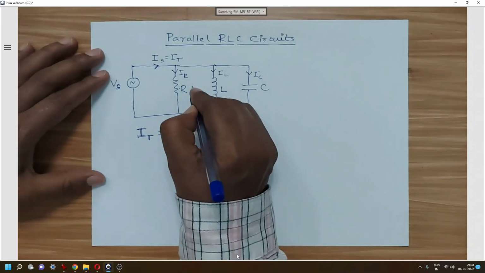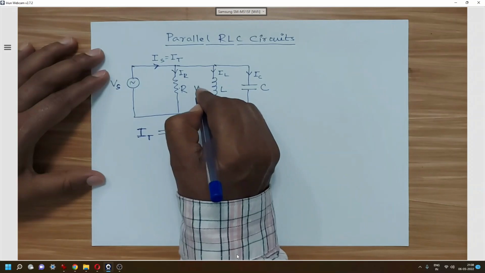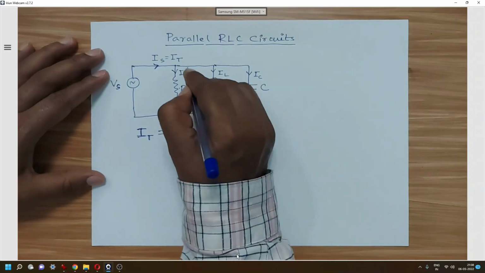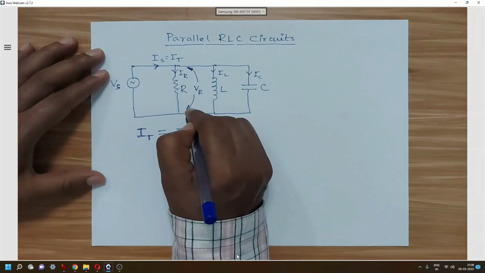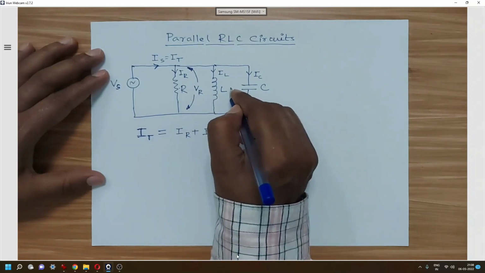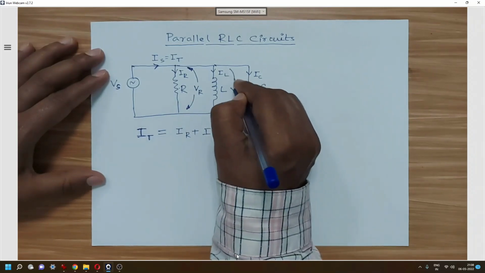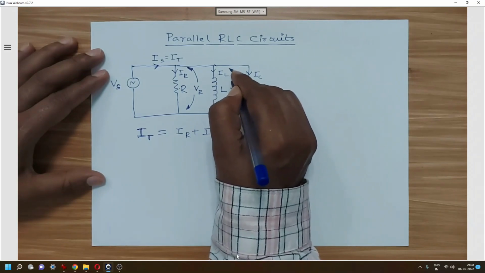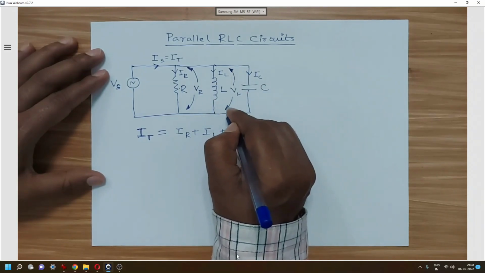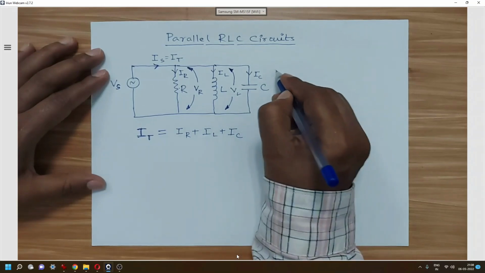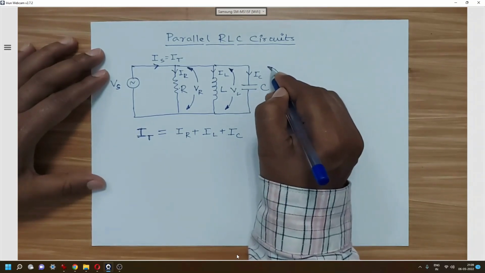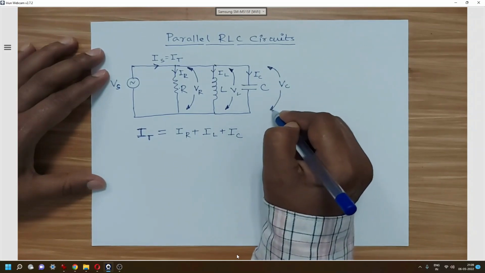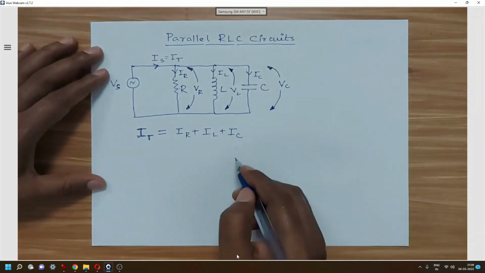Now what about the voltages across the element? So this is the voltage across resistor. VL is the voltage across inductor, and VC will be the voltage across capacitor.